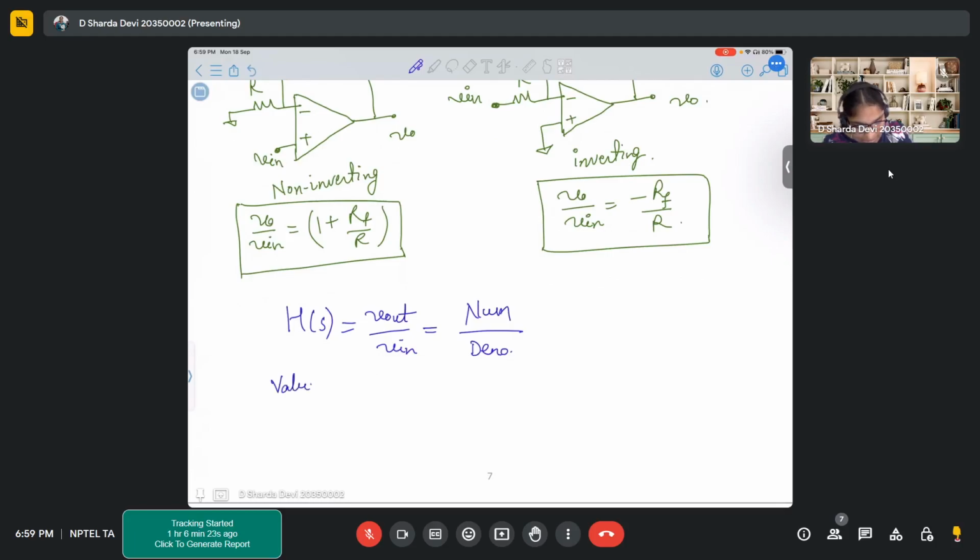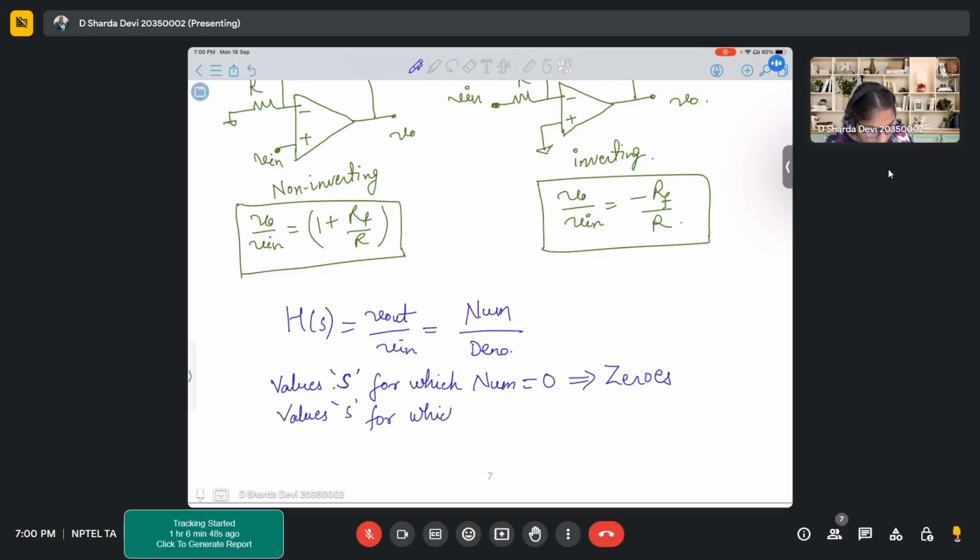Values of X, since I'm talking in terms of X, for which the numerator is equal to 0 will give zeros. Similarly, values of S for which the denominator is 0 will give you poles. Okay. Poles and zeros are clear?